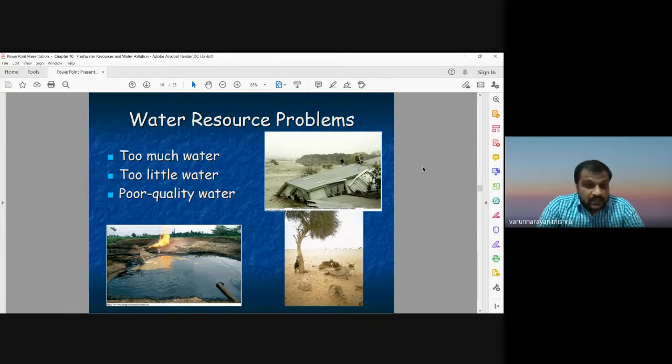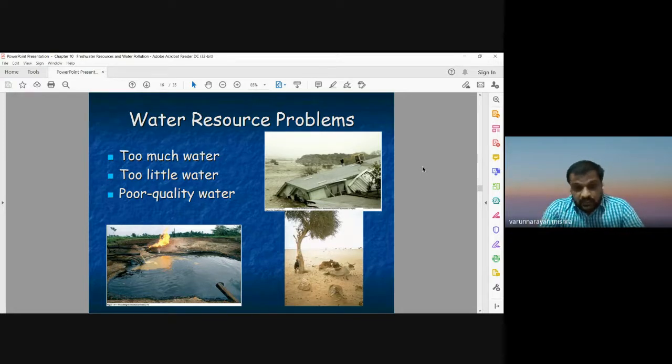In some cases, because of flood, there is too much water. In case of drought, there may be too little water, or in some cases, there may be poor quality water. So, three major problems for water resources are too much water in case of flood, then too little water in case of drought. Flood and drought both are directly or indirectly connected to climate change.